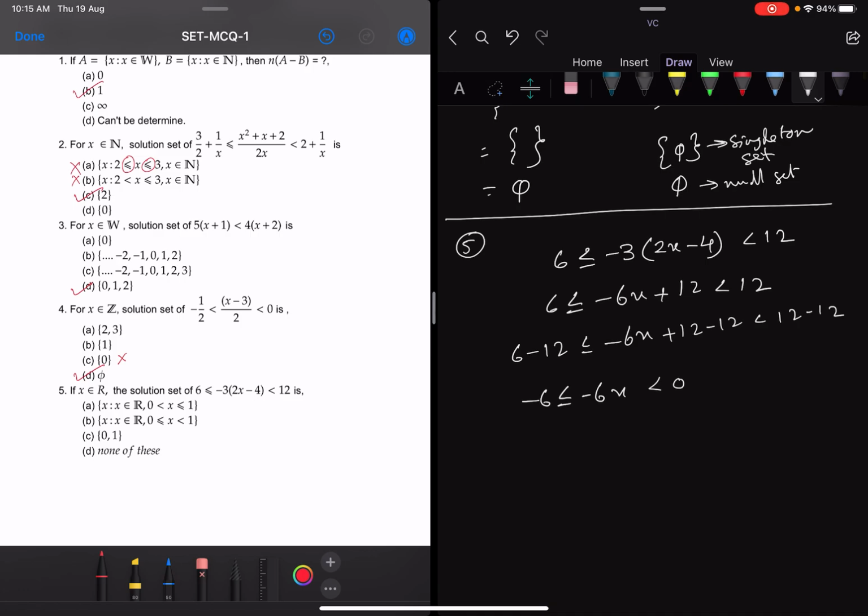Okay, now if we divide the total part by 6, minus 6x divided by 6 less than 0 by 6, that means it is minus 1 less or equals to minus x less than 0.